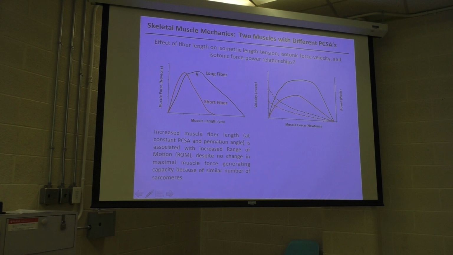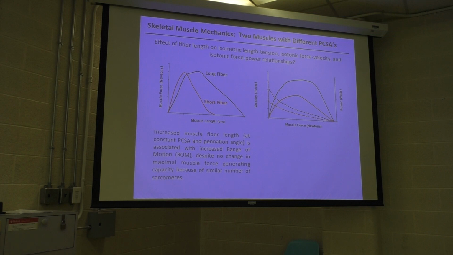So why are these maximal? Why are the maxes of the curves the same? Because their PCSA is the same. Exactly. So we're just going to keep going over this in like 60 different ways. Sorry.